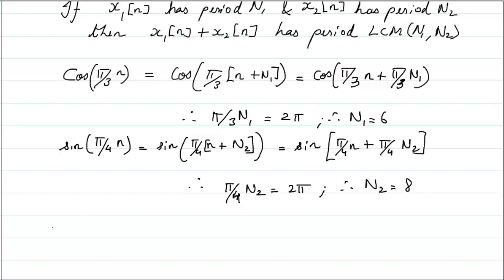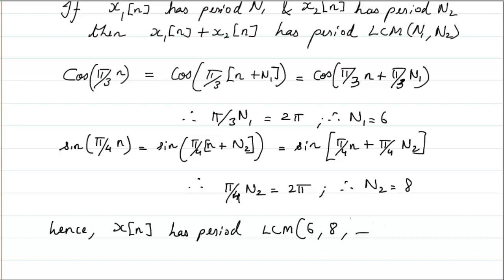Hence x of n has period which is given by taking the LCM of period n1, which is 6, and period n2, which is 8. See, if there would have been 3 signals, then I would have written a third signal's period here.